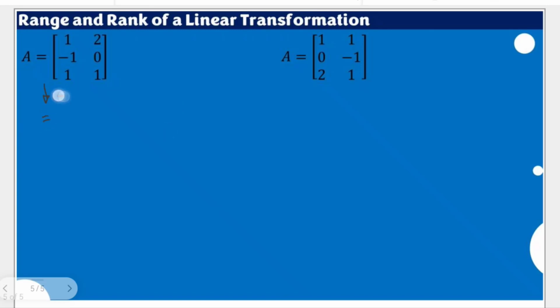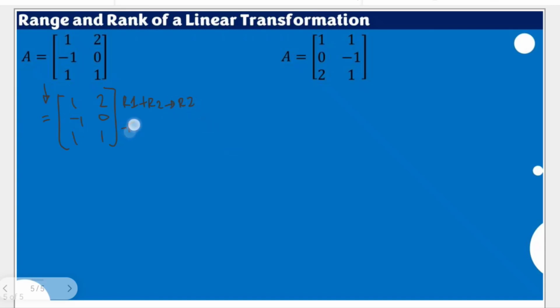So let's start with this. Let me copy here 1, 2, -1, 0, 1, and 1. Since this is already a leading one, what we need to do here is to make the other entries in the same column equal to 0. So we simply add row 1 and row 2 for row 2 to become 0.